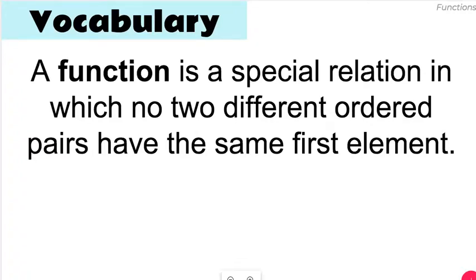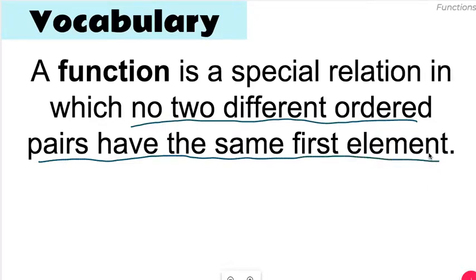So if we have a set of ordered pairs, a function says that no two different ordered pairs have the same first element, or the same first value. In your ordered pairs, the first number in each ordered pair should all be different. It's basically what this is saying. And we'll take a look at what that looks like in a minute.